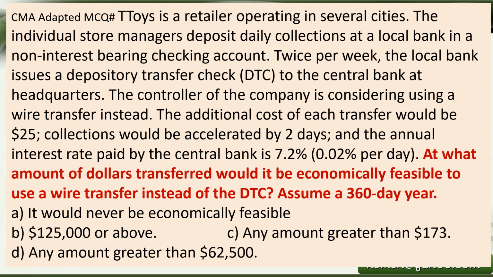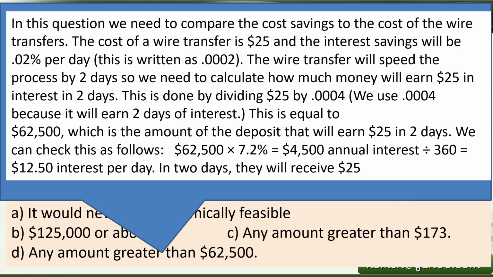So the answer is: it would never be economically feasible, or $125,000 or above, or any amount greater than $173, or any amount greater than $62,500. So the calculation comes.